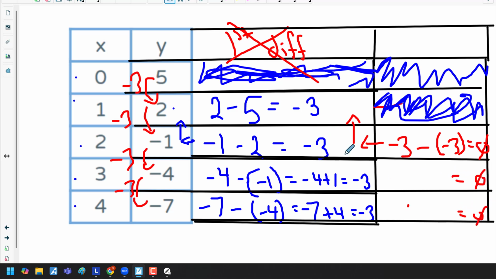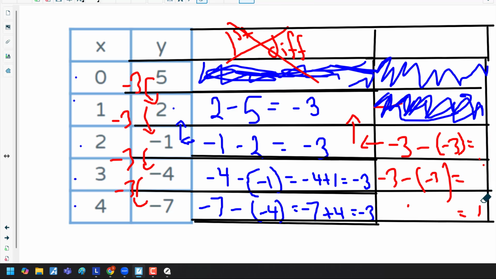So it's just -3 minus -3, -3 minus -3, -3 minus -3. It's not really anything interesting happening because we know the answer is linear. But had this been a quadratic, what you would have is actual non-zero numbers, and the answers should be the same non-zero value. So for example, let's say the answers were 1, 1, and 1. That would mean this would be a quadratic example, if the second differences were exactly the same.